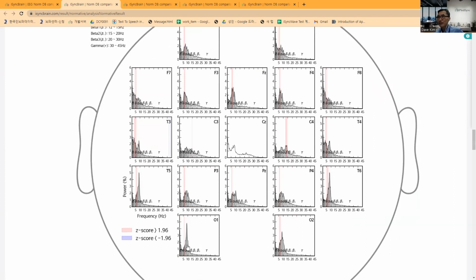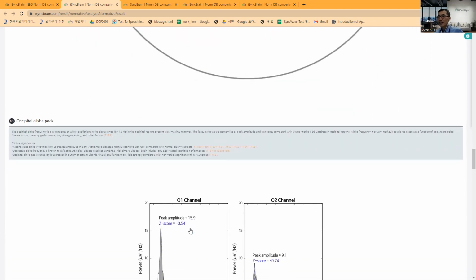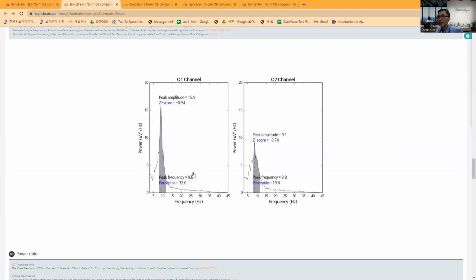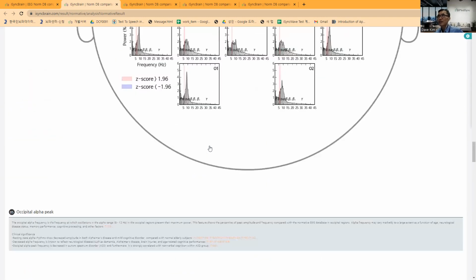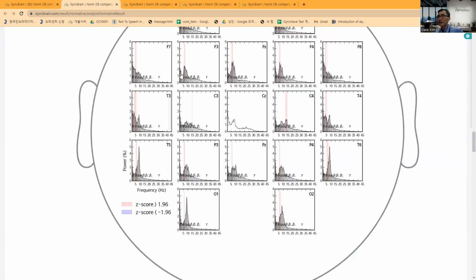The alpha peak frequency is preserved at this point, and alpha peak frequency remained at 9.0 frequency, but the slow activity is coming from the frontal area and temporal area, and the slow theta and the beta excess is counterbalancing at the central area, basically.